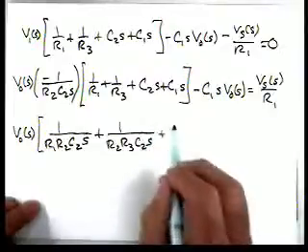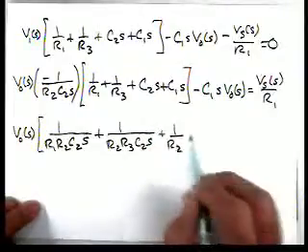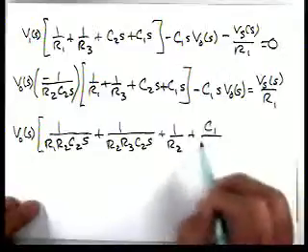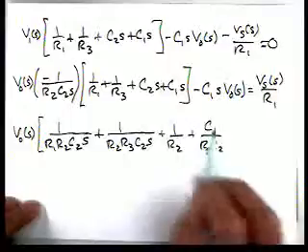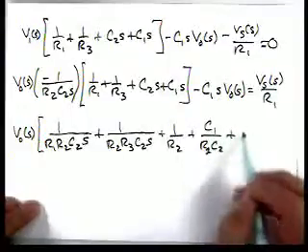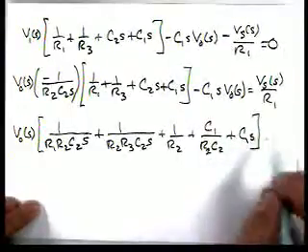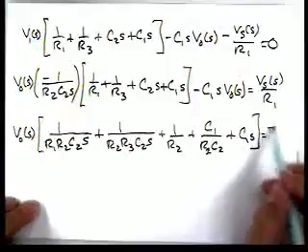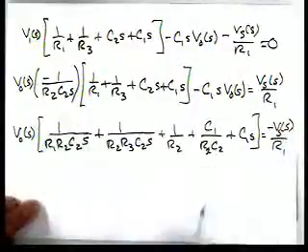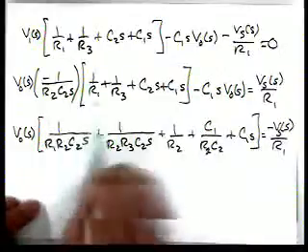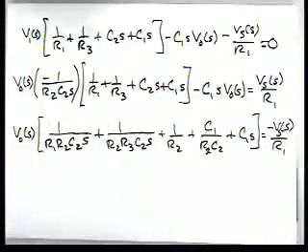This term becomes 1 over R2. This term becomes C1 over R2 C2. This becomes C1 of S. And then what we have is minus Vs of S over R1. So we multiplied through by minus 1 so we can start some algebraic manipulation.